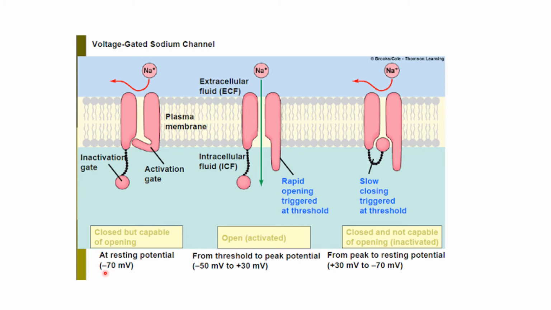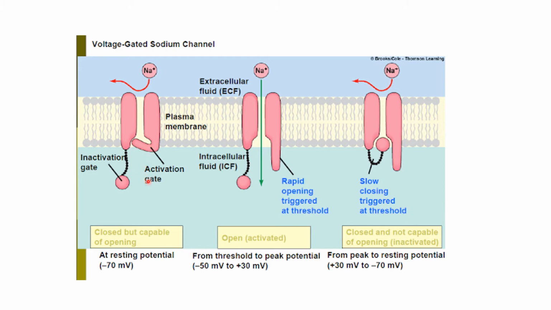So at resting membrane potential, it is minus 70 millivolt, and the sodium channels are closed. But when sodium enters from the dendrites and reaches here, and the charges have been summed up at the axon hillock, they are enough, and since sodium ions are positive, they can open this activation gate, because this activation gate is made up of negative amino acids.